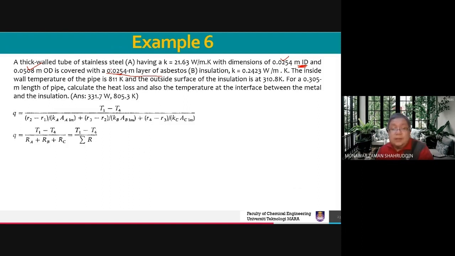So you know that your radius will be 0.011252 or so. Bagikan kepada 2, dan this one akan jadi ni kalau bagi 2. And this one dia tak berubah, dia just campurkan sajalah.